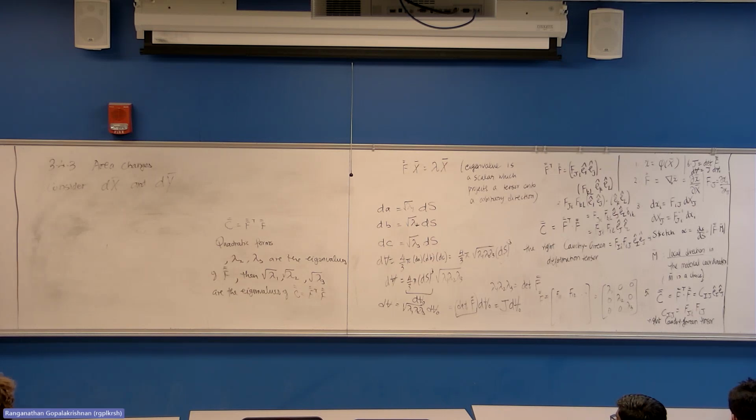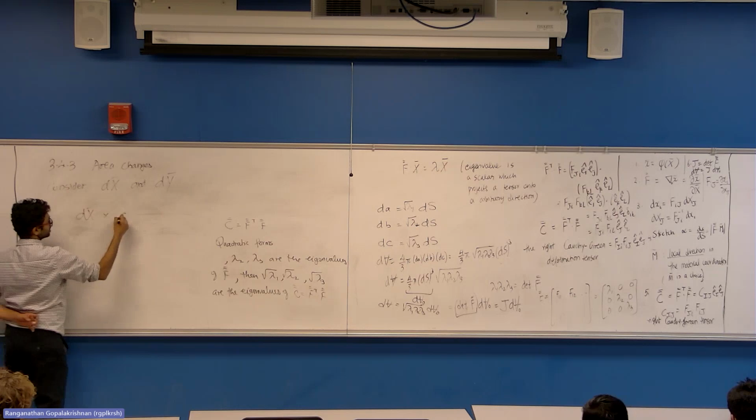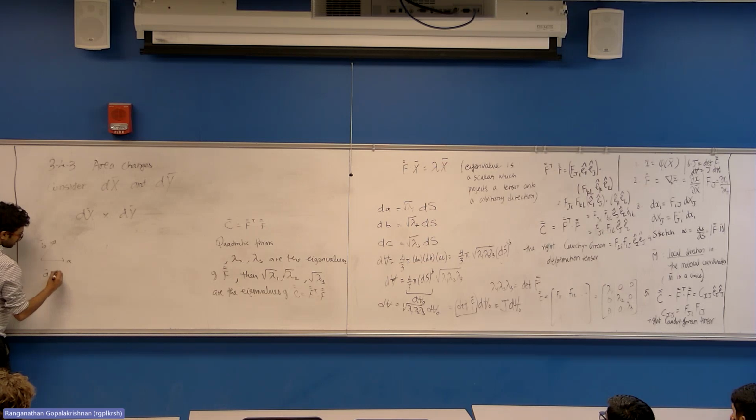You can calculate what is dx cross dy. So going back to some basic vector algebra, if you have A and you have B, what does A cross B represent?